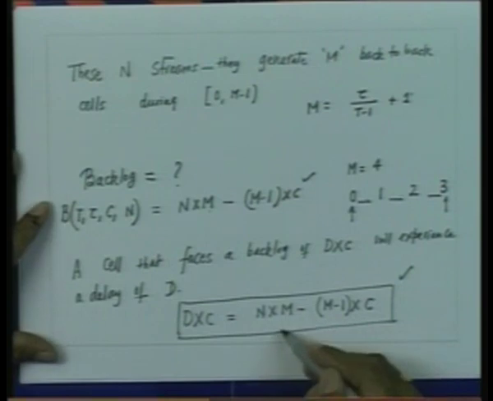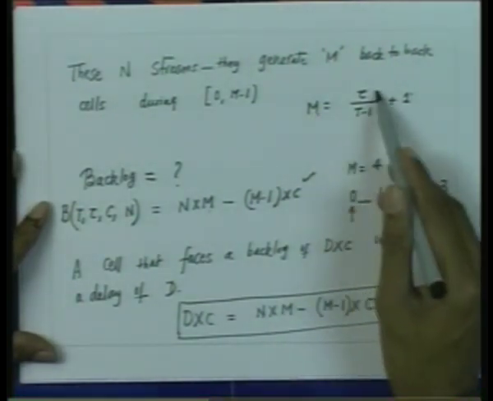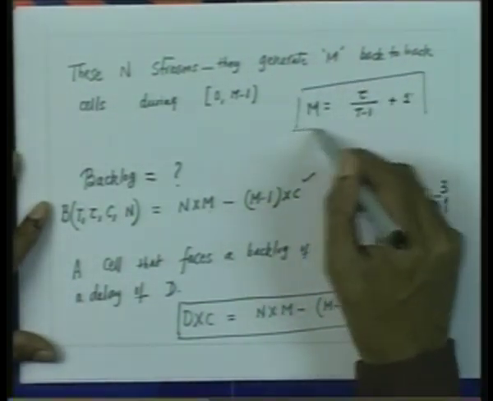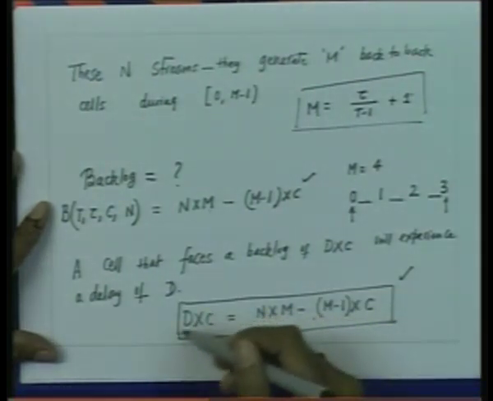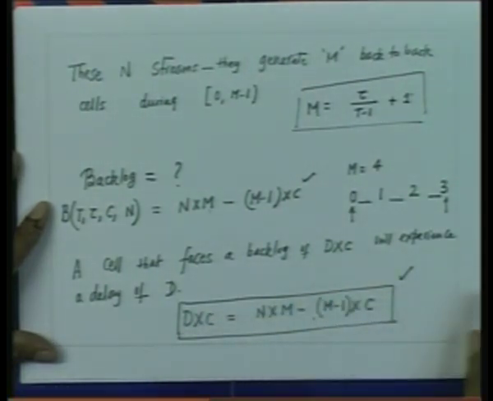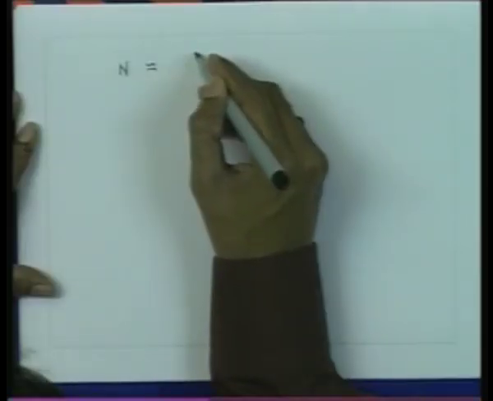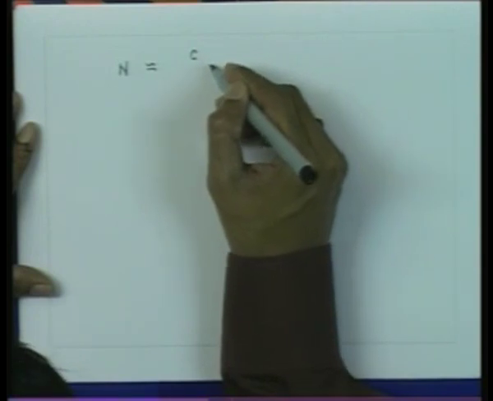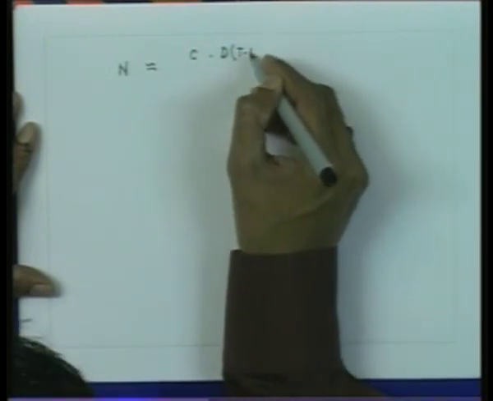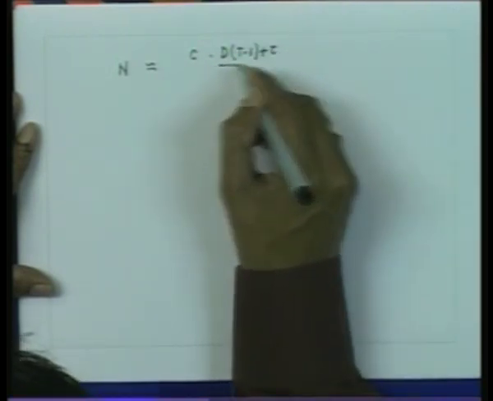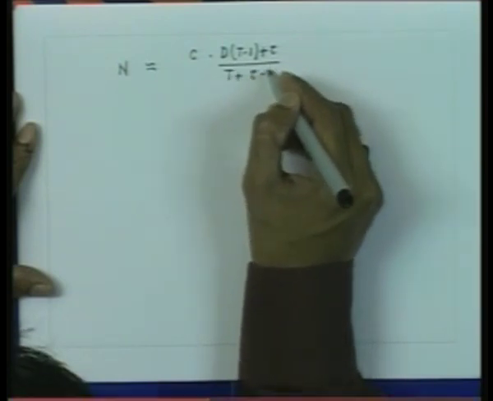If I substitute the value of m from this equation into this equation and rearrange, I get the equation that n is approximately equal to C into D t minus 1 plus tau upon t plus tau minus 1.